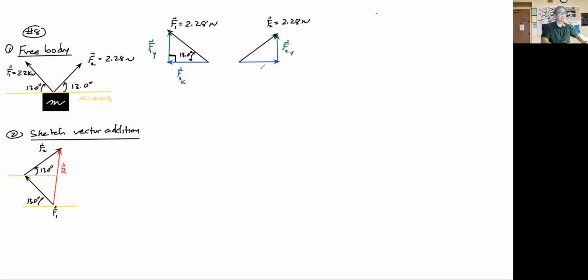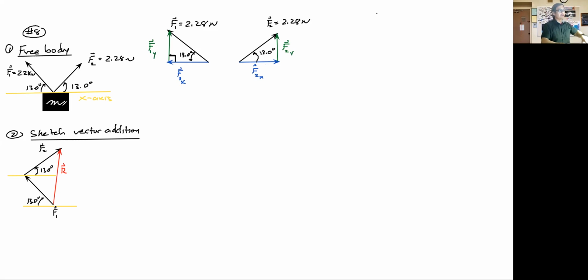With that said, this will be the X component of F2. Again, if we know this angle, we can calculate the lengths of these vectors, and we do. This is going to be 13 degrees as well.